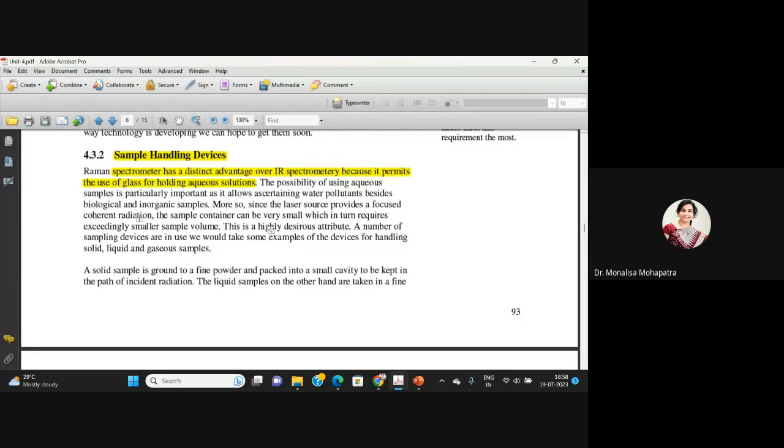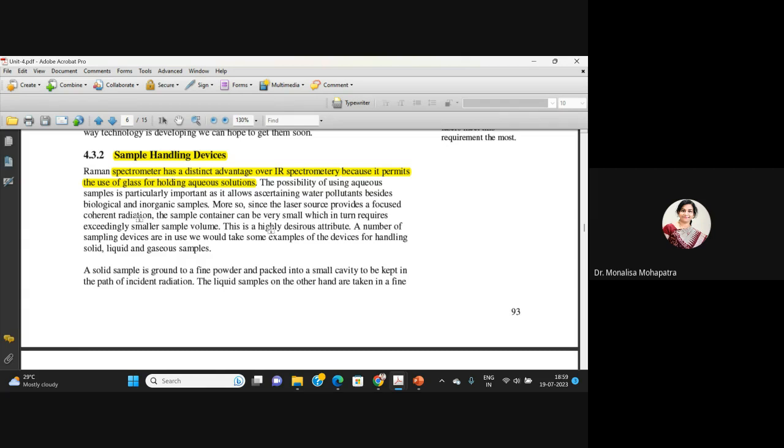So an IR spectrophotometer will be more expensive as compared to a UV visible one. A UV visible spectrophotometer you can get within 10 lakh, but an IR spectrometer you can't get within 10 lakh. It costs more because the optical settings involved need more expense.